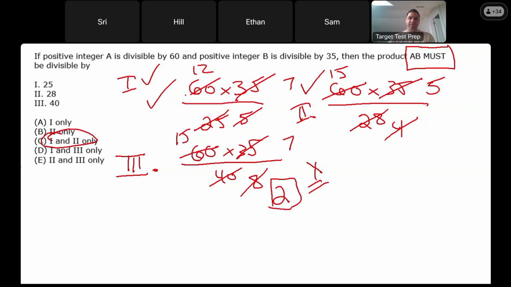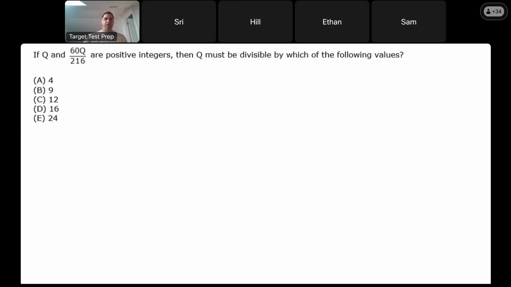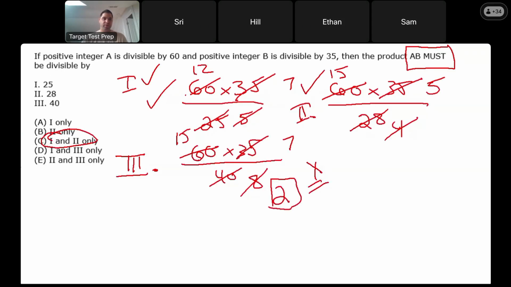Now, other types of divisibility stuff. In this next question I'm going to give you, this is something that they used to do more in data sufficiency, but they can't anymore. So now they're putting this stuff in problem-solving questions, basically. Why is 25 working here?